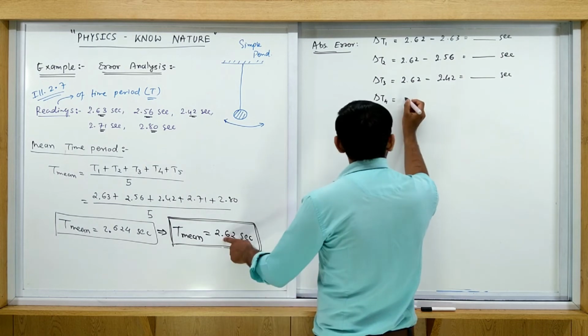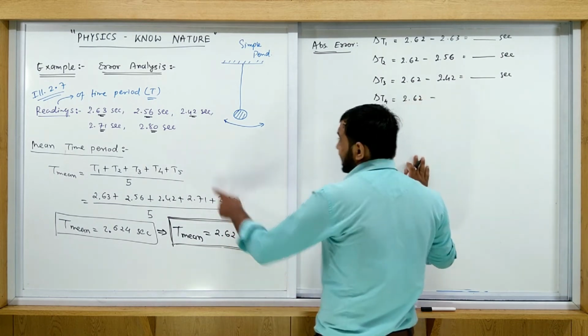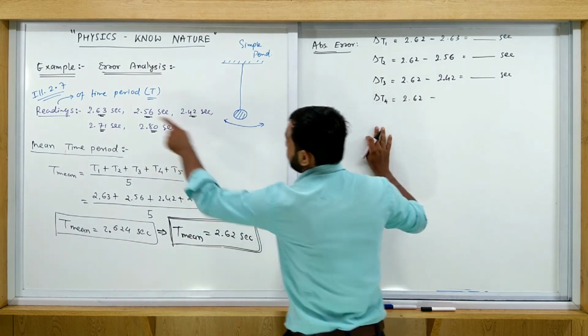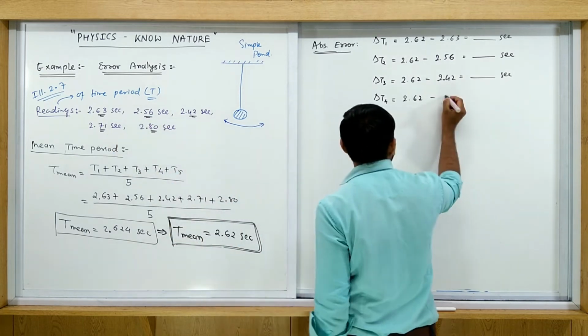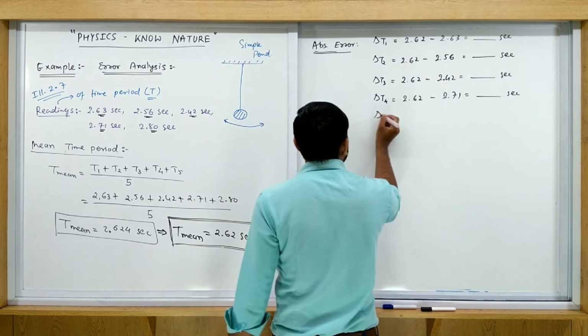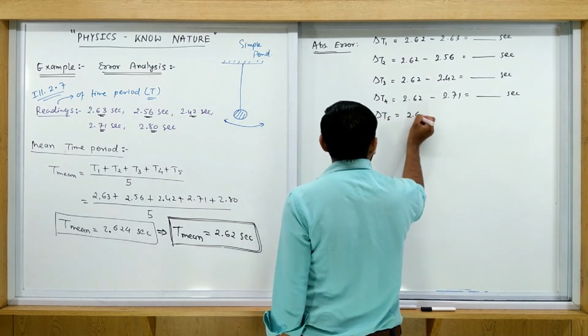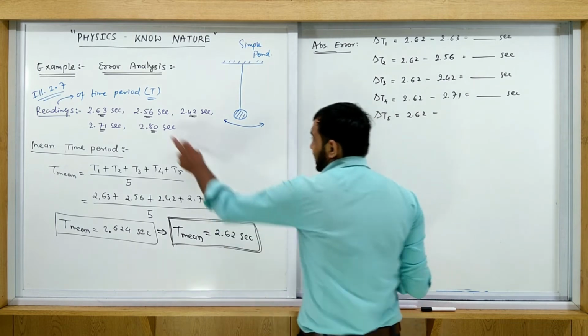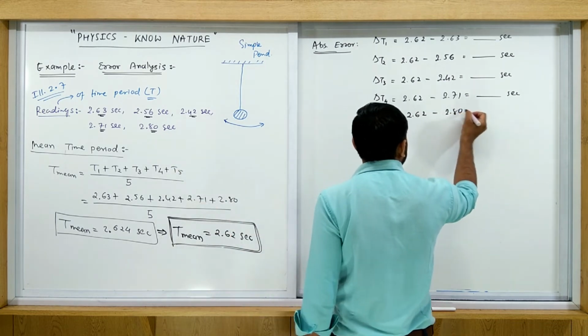Delta T4 is mean value minus fourth value 2.71. Delta T5 is 2.62 minus last value 2.80.